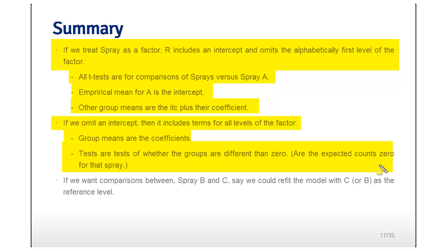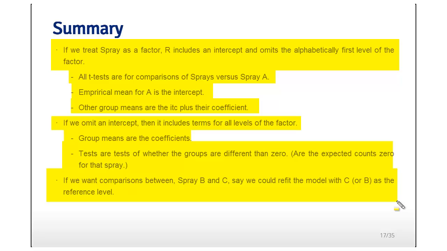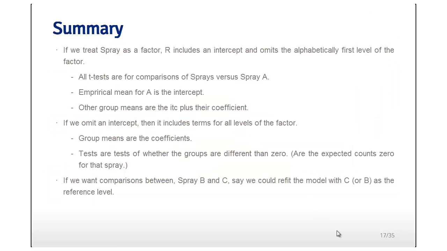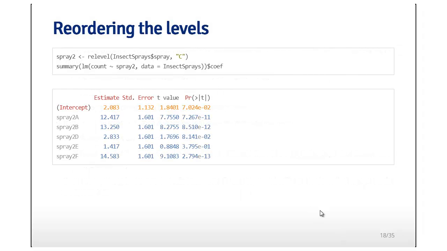And then if you want a comparison between, say, B and C, what you could do is refit the model with C as the reference category or B as the reference category. That's the intellectually lazy way to do it. The lazy but knowing-how-to-do-it way is to simply use the relevel function.